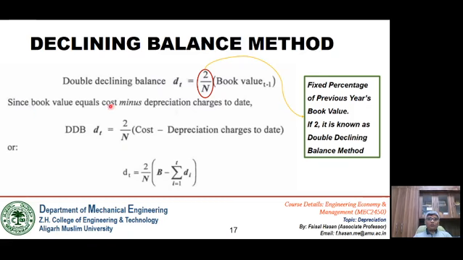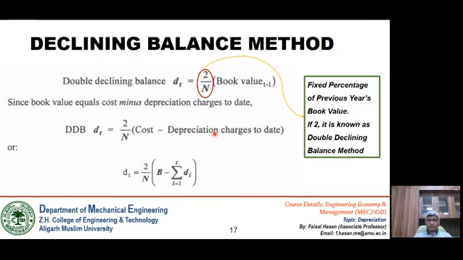Since the book value equals cost minus depreciation charged, as we have done in the previous examples, we can simply calculate the book value by subtracting the depreciation amount each year. So again, let us see how we use these relationships.